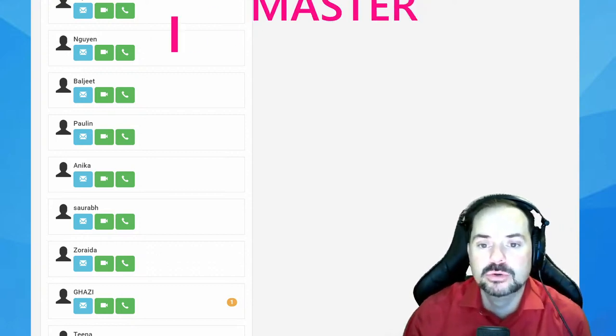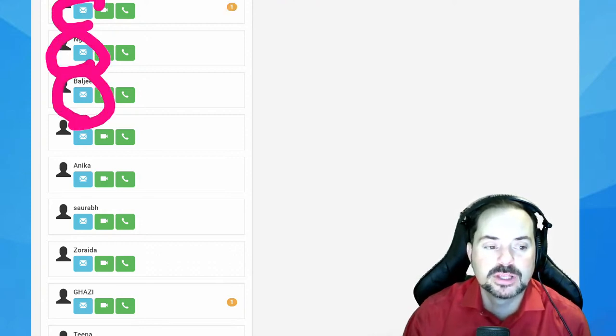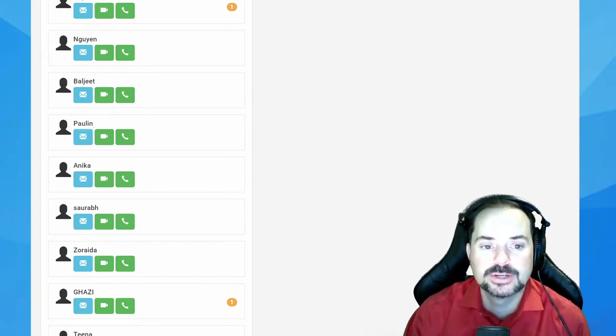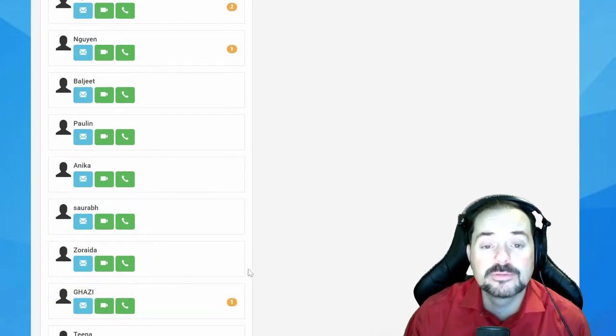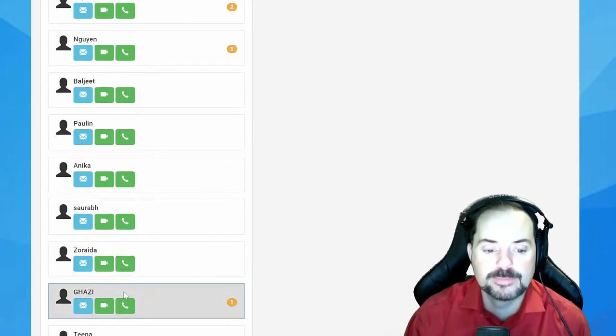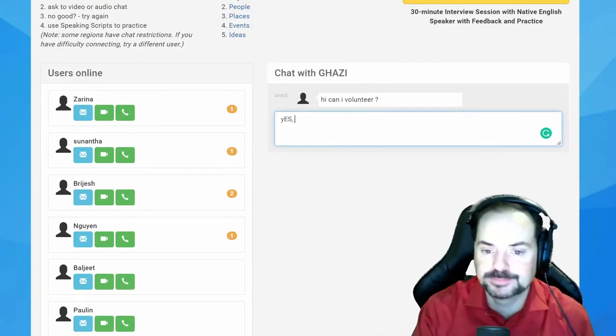Click on the blue envelope to send me a message and say, I want to volunteer. And then you can try this. I can see that we have Brajesh, Sunantha volunteering as well. Again, it's firstly for members. So if you're a member, let me know. Ghazi says, can I volunteer? Yes, Ghazi, absolutely.